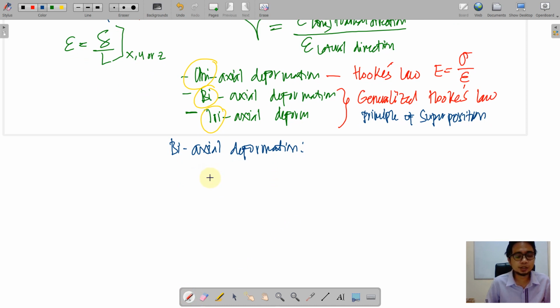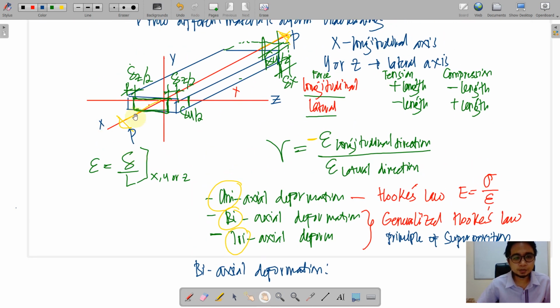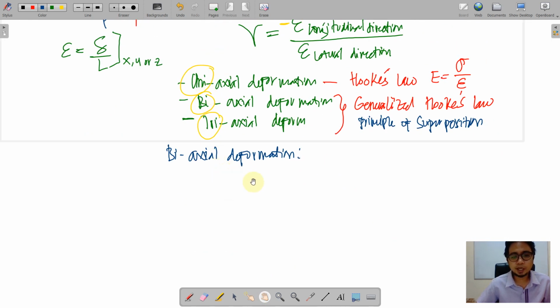So let us just stick yung example dito na yung ating force lies within the x-axis. So therefore, the x-axis here is the longitudinal axis. So biaxial deformation simply is this equation.